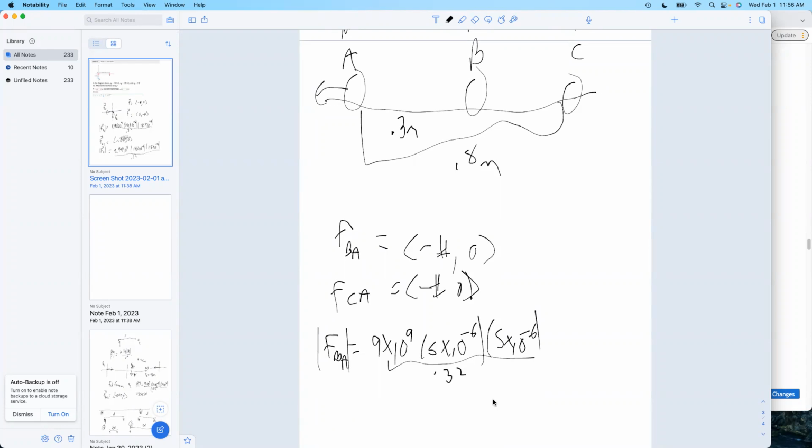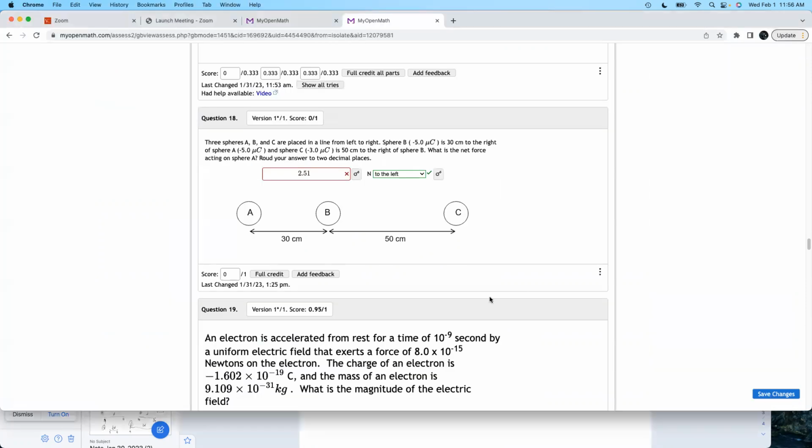And I would be adding the negative numbers at that point, not positive numbers. You're going to take care of the negative by saying to the left. This is just asking for the magnitude, which will be a positive number. And there's where you get to say it's negative by saying it's to the left.